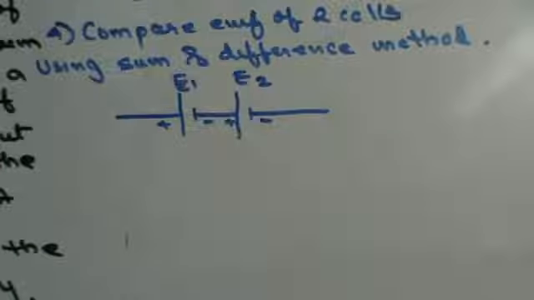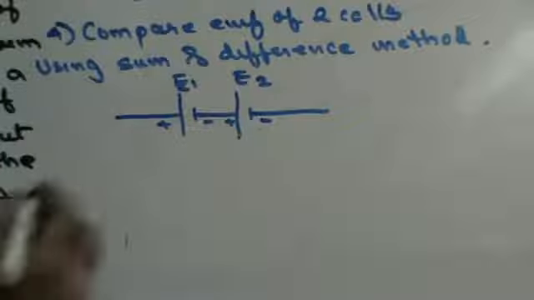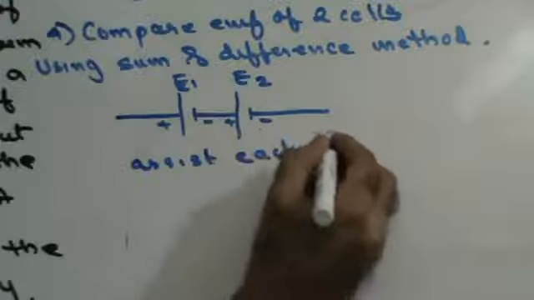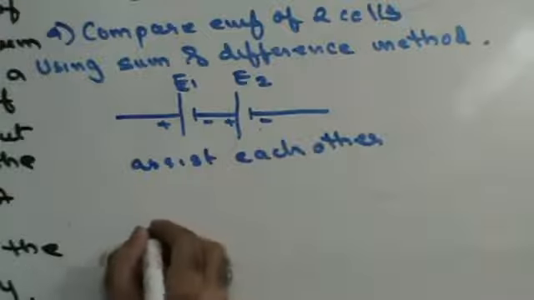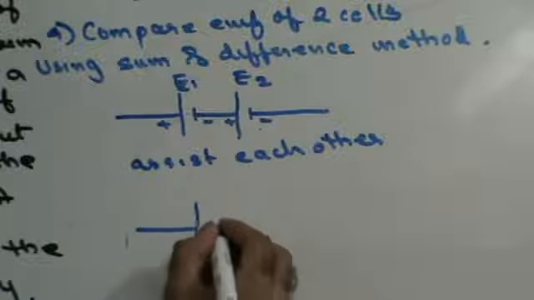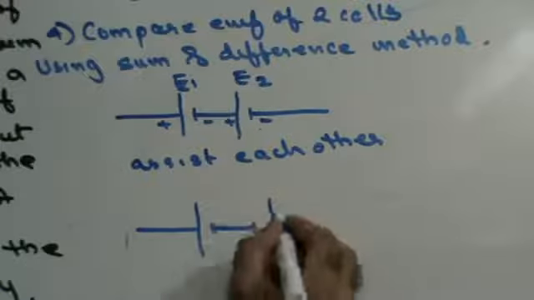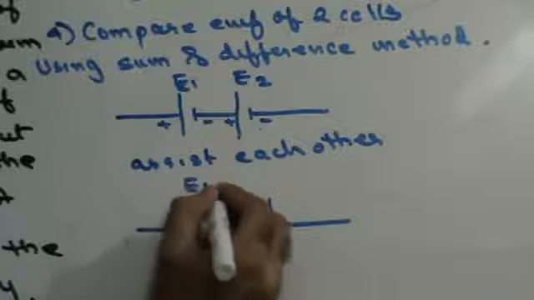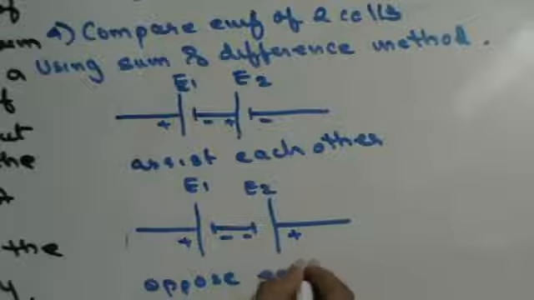Positive, negative, positive, negative. This could have been one method where they would assist each other, or I could connect the two cells in such a manner that, this is E1, this is E2, positive, negative, negative, positive, such that they oppose each other.